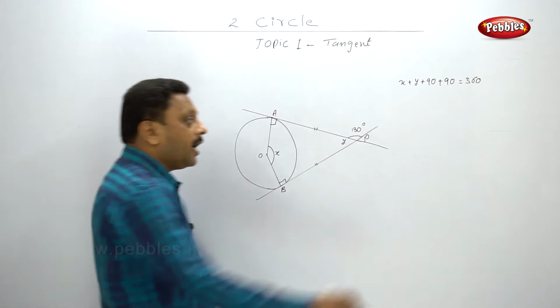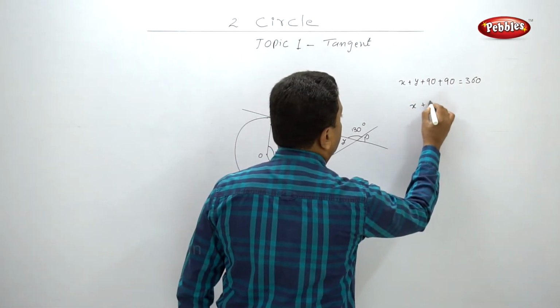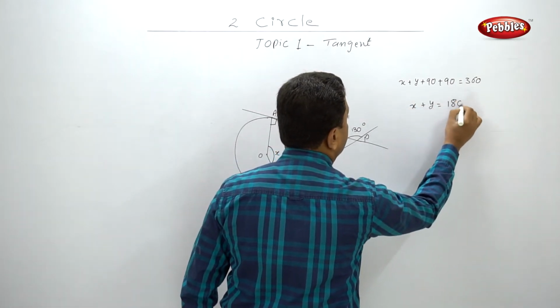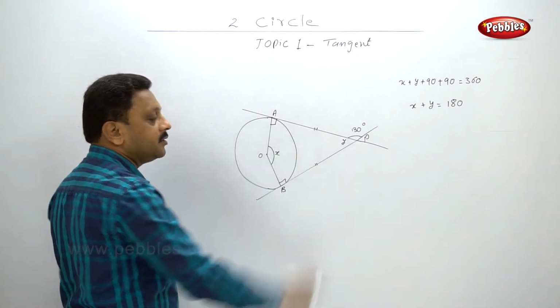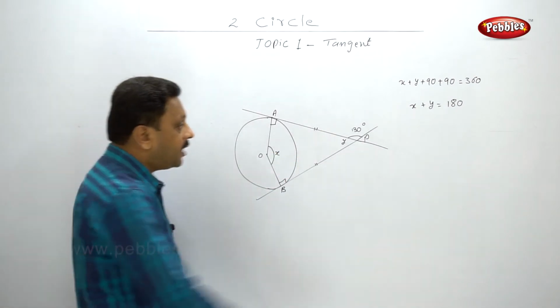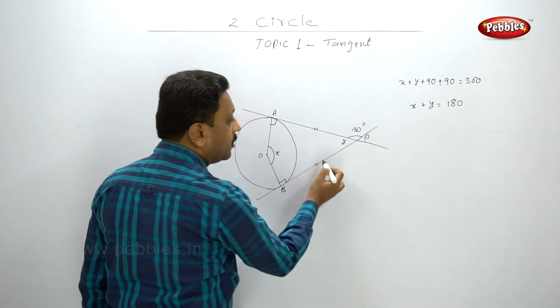Correct? So I got X plus Y is equal to 180. But can you say this is a linear pair?